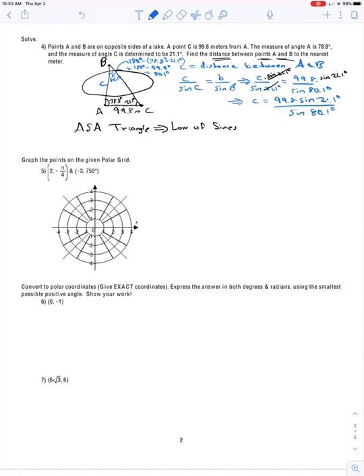Now you can type that into your calculator, and you get approximately 36.5, which is around 37 meters. Remember it said round to the nearest meter. So 37 meters is the distance between points A and B. Again, we end up solving the oblique triangle using the law of sines, getting us to that unknown, the distance between points A and B.